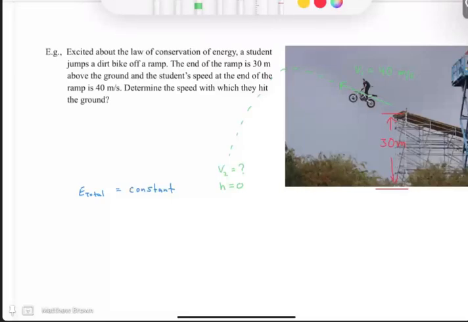So that means at point 1, which is at the top of the ramp, there's some kinetic energy, some gravitational potential energy, and then when the person hits the ground, there's some kinetic energy, and we'll say no gravitational potential energy because we'll define H equals 0 at that point.